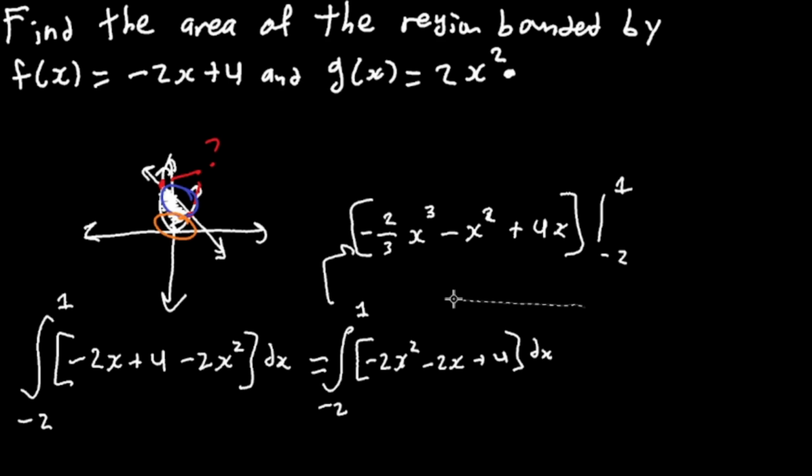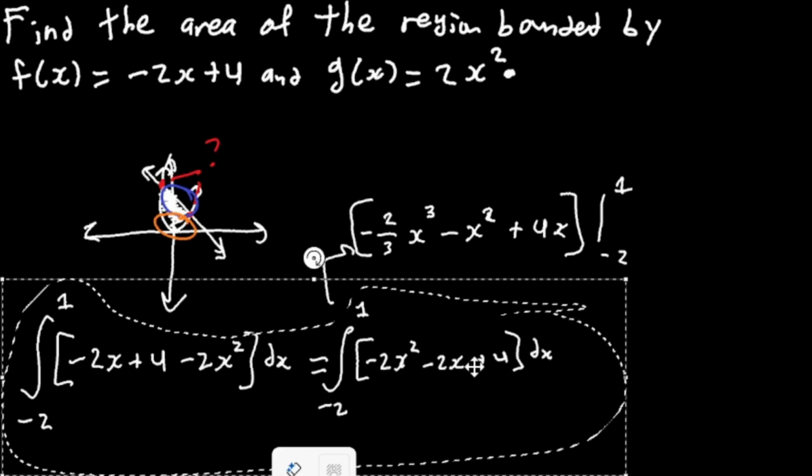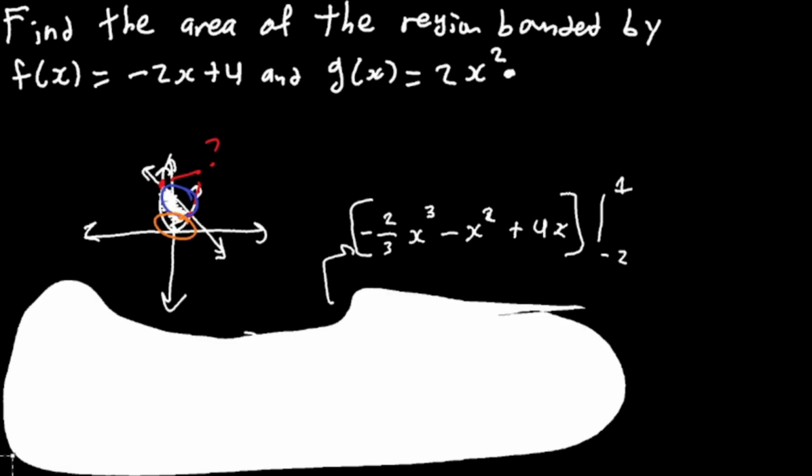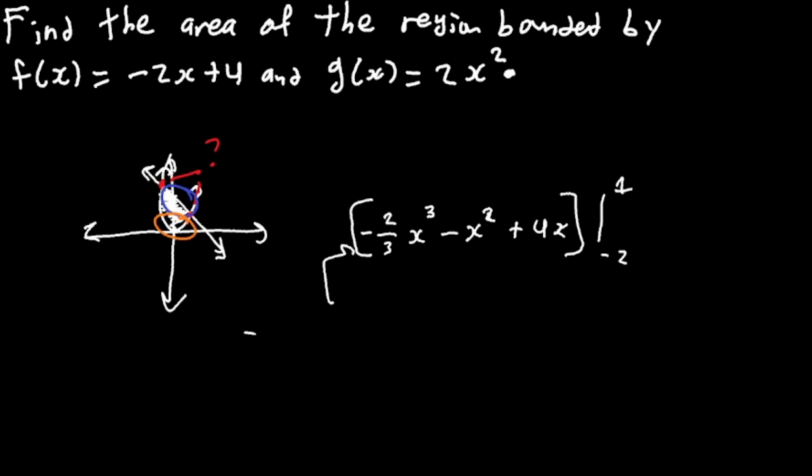Alright, so the next step here is just to plug in our bounds. If we plug in our upper bound, we get negative 2/3 times 1 cubed, that's just 1, minus 1 squared, that's just minus 1, plus 4.